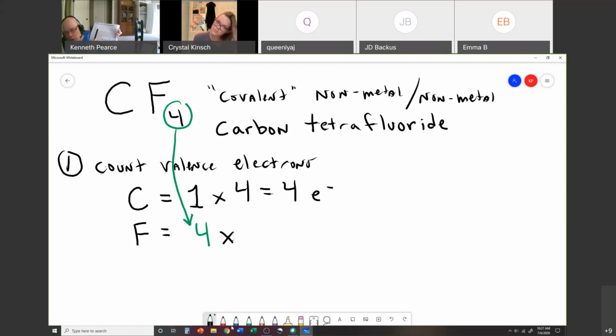Fluorine is in the 7th group. Looking across, and we say 4 times 7. What's 4 times 7? It's 28. All right, one of the skills that you have to have here is be able to multiply numbers. And you also have to be able to count. See, there's 4 on the F.